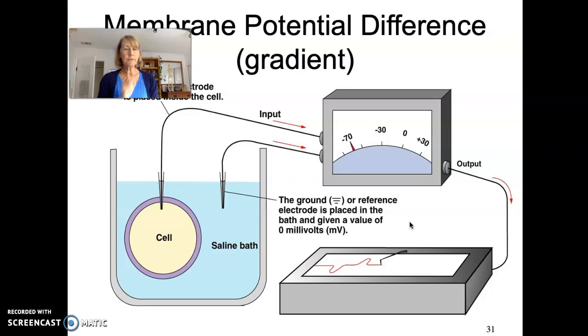Is there truly a difference from inside to out? And if you do that in a cell that is at resting membrane potential, you're going to get a reading in millivolts, thousandths of a volt, of approximately negative 70 millivolts. And that'll differ in some of the different cells.